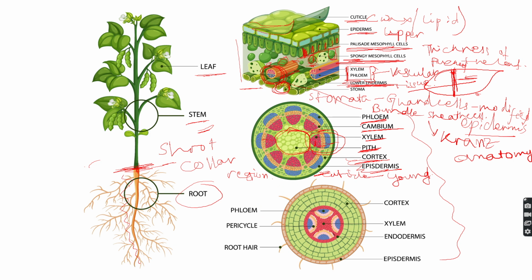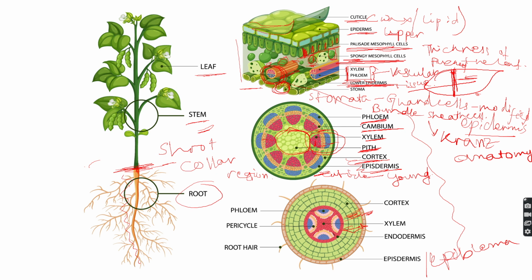Now coming to the anatomy of root, we have already covered it, but let's just revise it. The outer part is basically epidermis, but as there is no cuticle, we mainly call it epiblema. Then there is cortex. This green color layer is called cortex cells. Cortex cells in root, you can see, are much thicker as compared to the shoot.